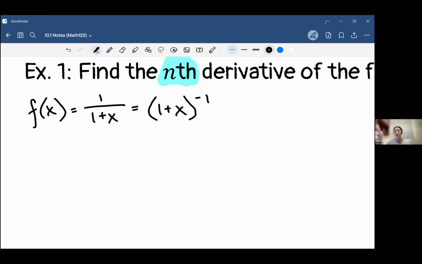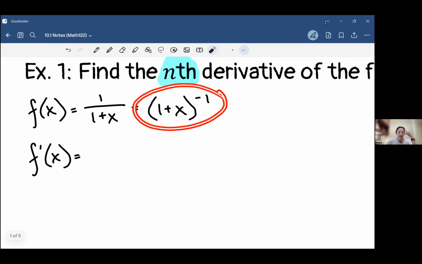All we're doing is setting ourselves up to see what that power is so that we can use our power rule and go from there. f^1 of x means we're finding our first derivative. I can look at this and I'm already thinking I need to use chain rule, so I'm going to bring my power down.